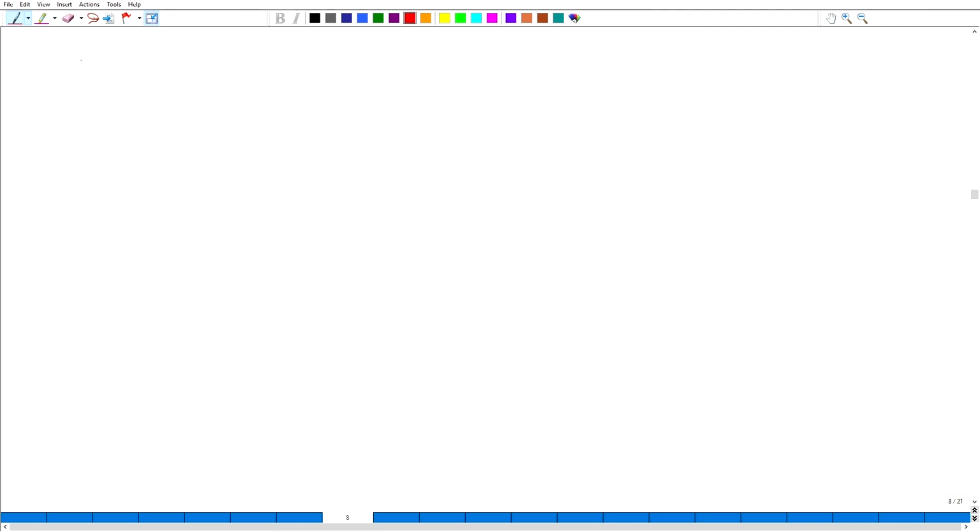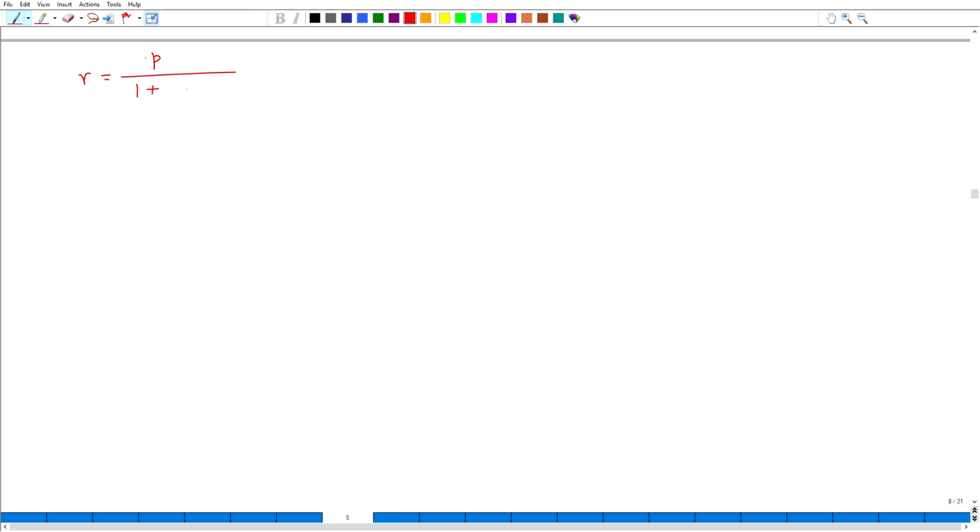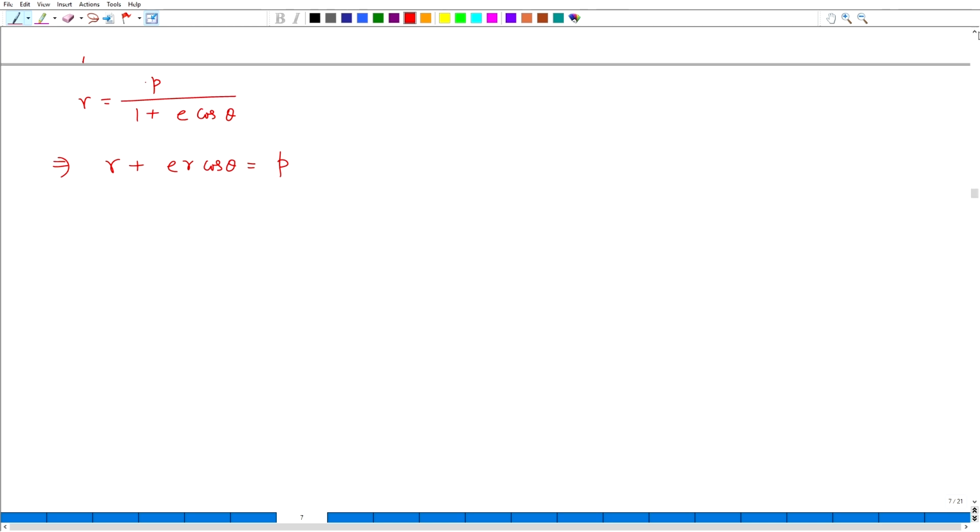So, if I take r is equal to p over 1 plus e cos theta, then I can say r plus e r cos theta is equal to p.